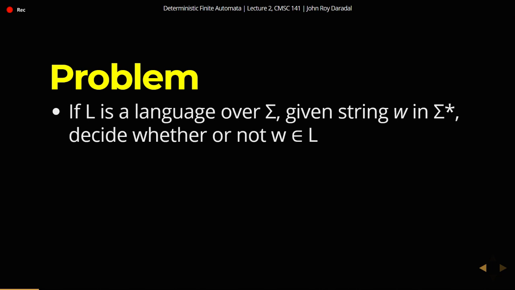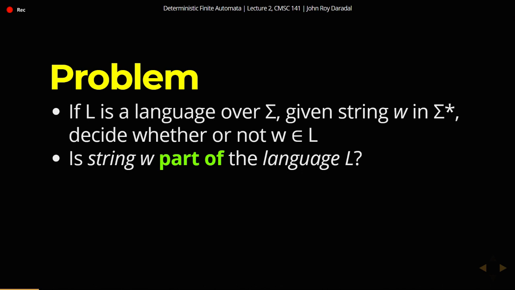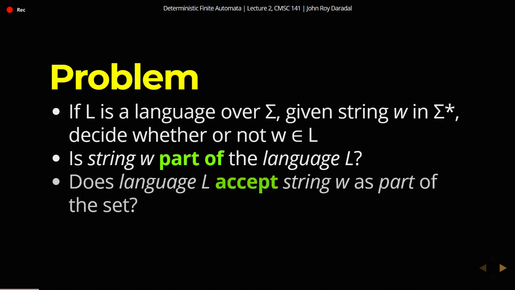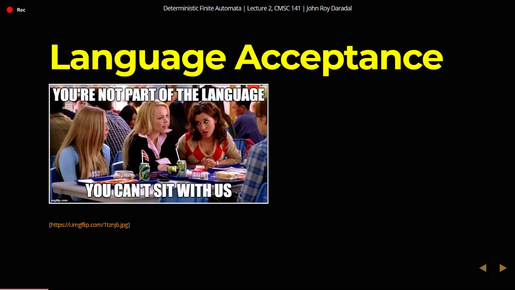We asked: if L is a language over sigma, given that the string W is in sigma star, decide whether or not the string W is part of language L. So is string W part of language L? Or does language L accept string W as part of the set? Okay, so this is language acceptance.